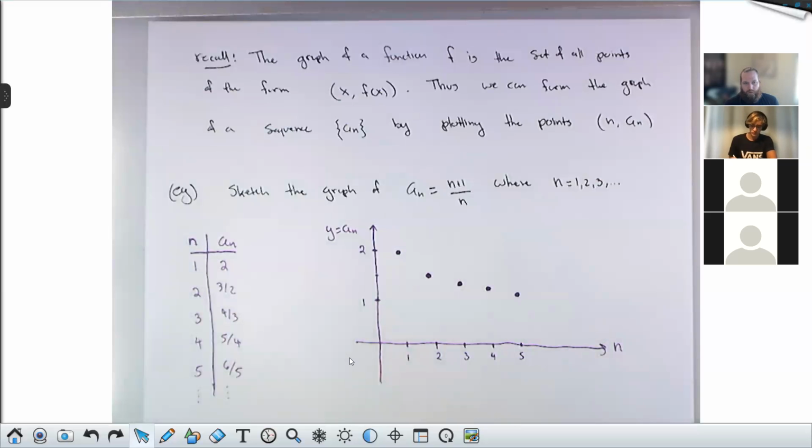That would be the graph of a function of a real variable. In other words, there is no point on this graph between 4 and 5, because the inputs here are only allowed to be positive whole numbers, natural numbers. So the graph, just a little note.